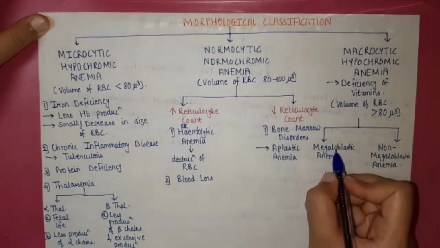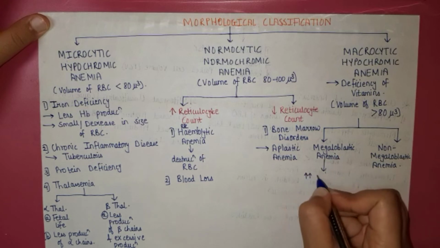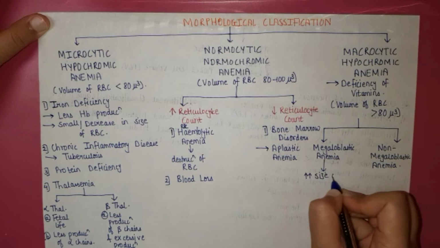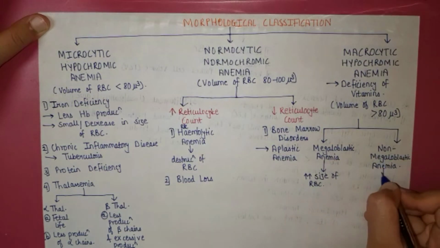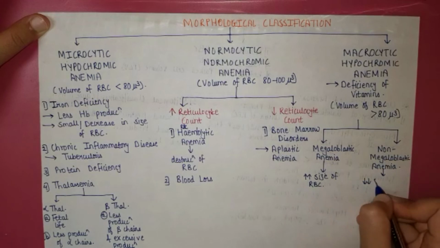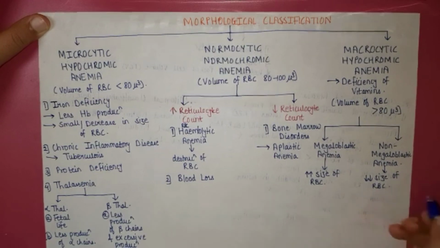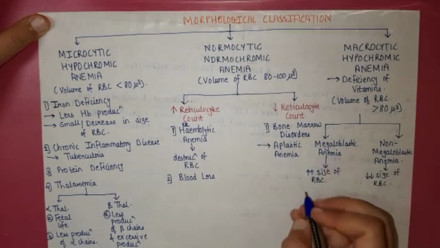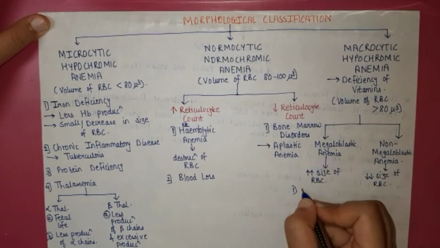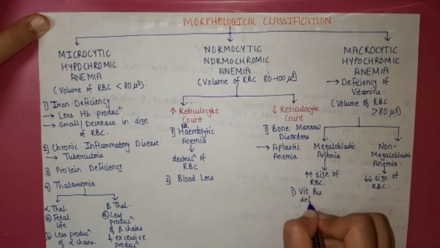So megalo means large or increased size. So megaloblastic means increase in the size of RBCs. And non-megaloblastic means reduction or decrease in size of RBCs. So if the size of the RBCs is increased, this type of disorder is caused due to vitamin B12 deficiency.